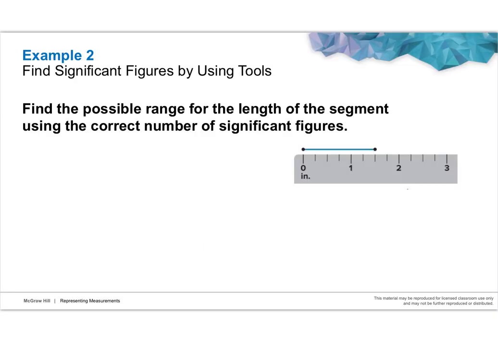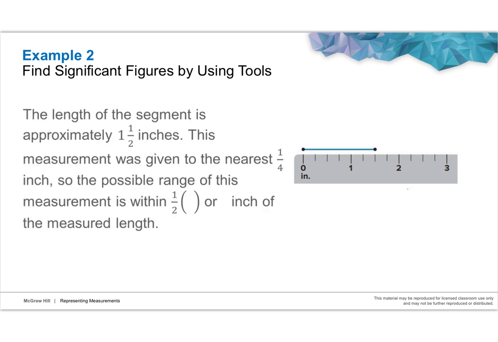We can also use sig figs to find measurements using tools. And so here we are with an example of a measurement, and we're asked to find the possible range for the length of the segment using the correct number of significant figures. So if we look at this ruler, the length of the segment is approximately 1.5 inches. This measurement is given to the nearest 1/4 inch.